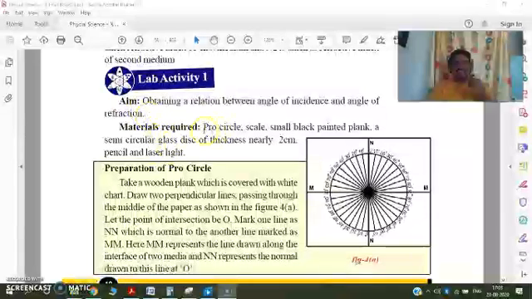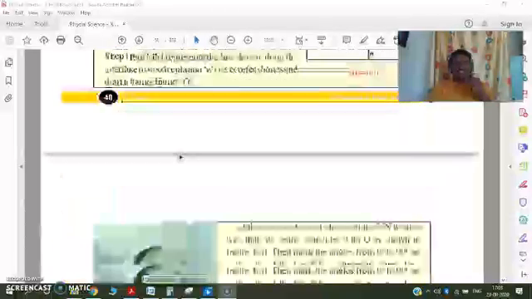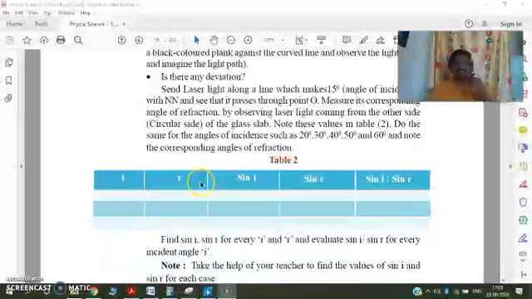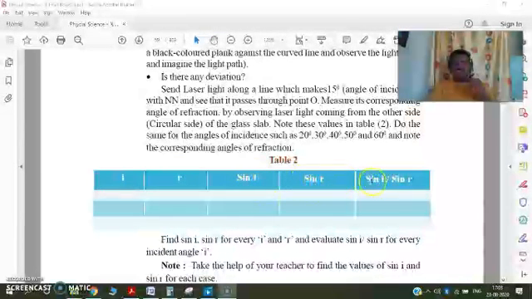What are the materials required? Rose circle, scale, small black painted plank, a semicircular glass disc as the denser medium, nearly 2 centimeters, pencil and laser light. I will show the video so you understand very well, and enter the values in this table: small i, angle of incidence; small r, angle of refraction; sin i, sin r, and sin i by sin r.